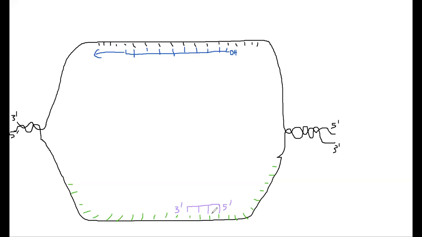That means that the hydroxyl group is on this side of the primer. So when the RNA polymerase then comes along and uses that free hydroxyl group to start replicating the DNA, it'll start replicating.